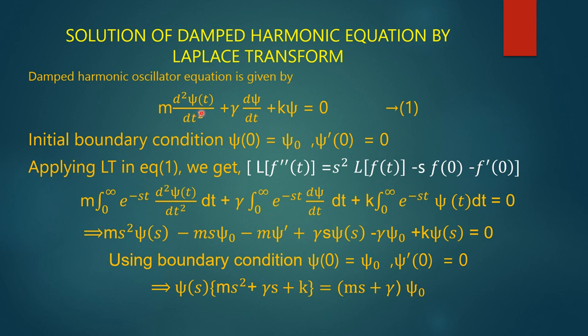To solve this equation by using the Laplace transform method, we apply the Laplace transform to this equation and we get m ∫₀^∞ e^(-st) d²ψ/dt² dt + γ ∫₀^∞ e^(-st) dψ/dt dt + k ∫₀^∞ e^(-st) ψ(t) dt = 0.